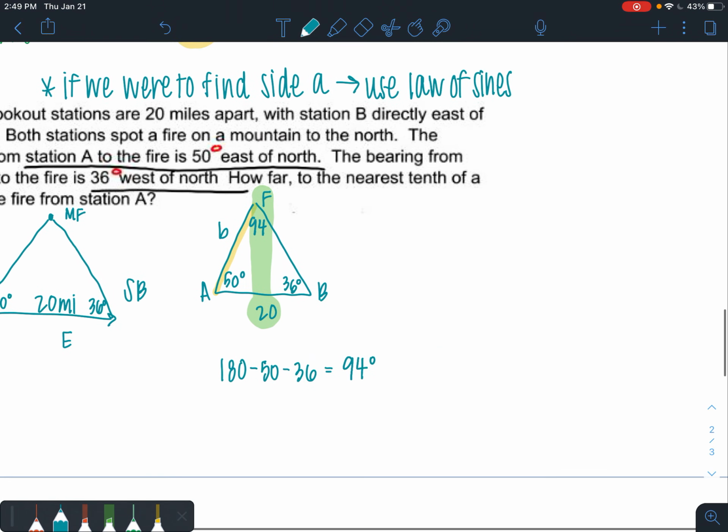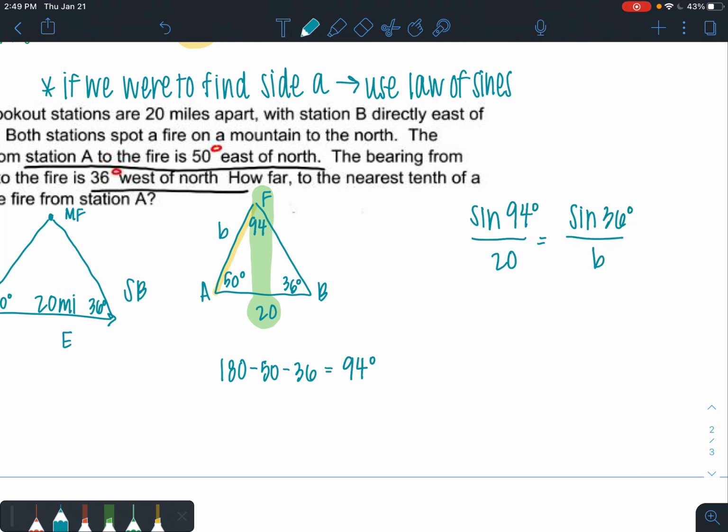So then I'm able to do sine of 94 over 20 equals sine of 36 over B. Let's do some cross multiplication. So I have B sine of 94 is equal to 20 sine of 36.